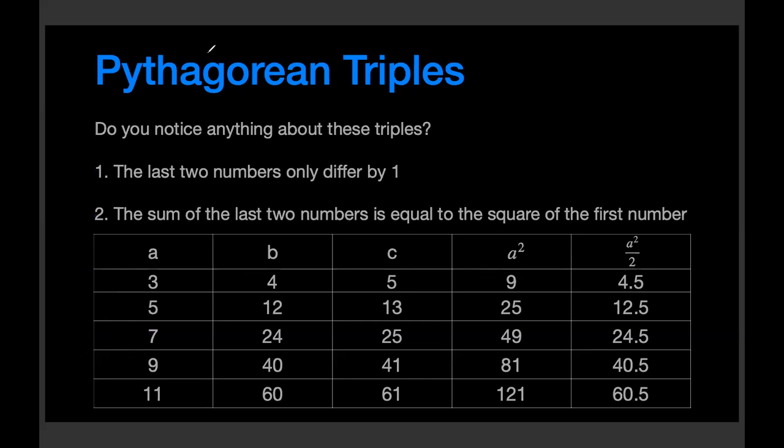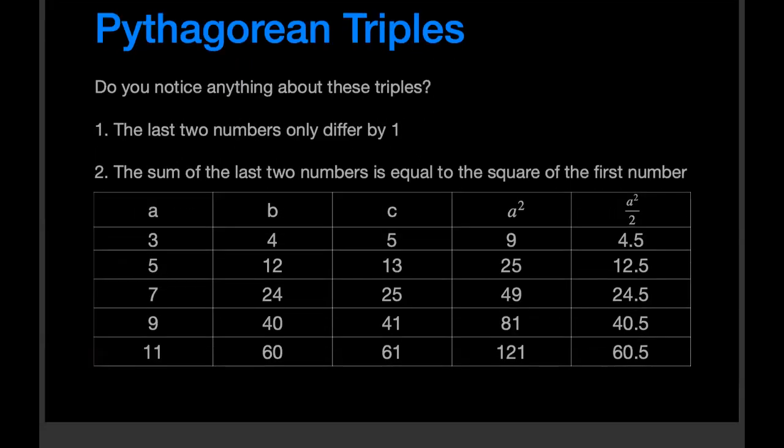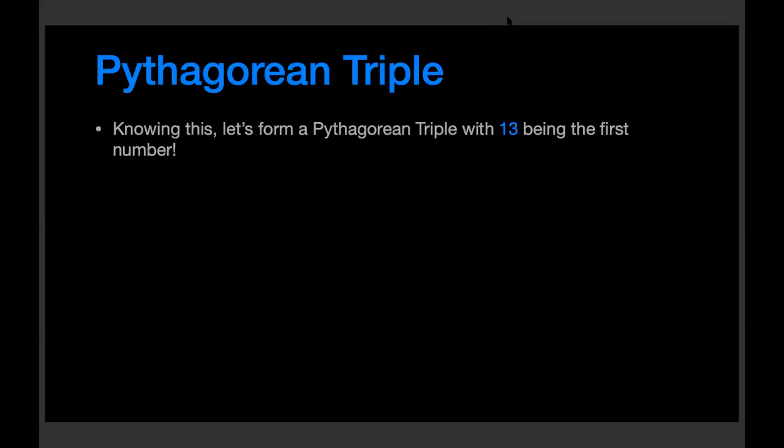We're going to build our own triple, starting with 13 as our first number. Can anyone get on the microphone and explain how they would do this?